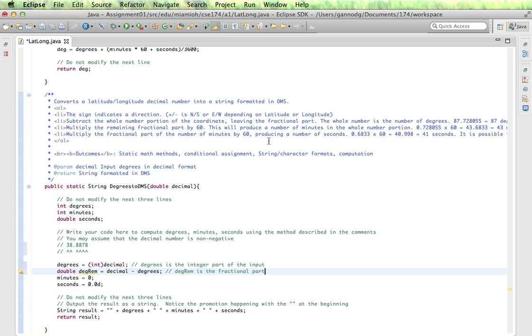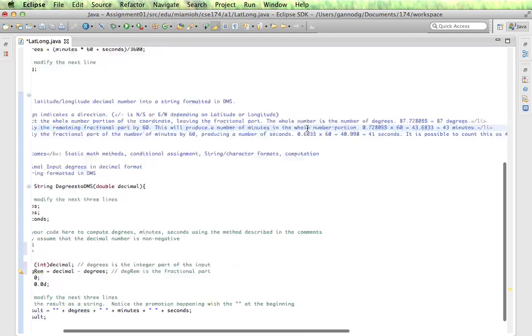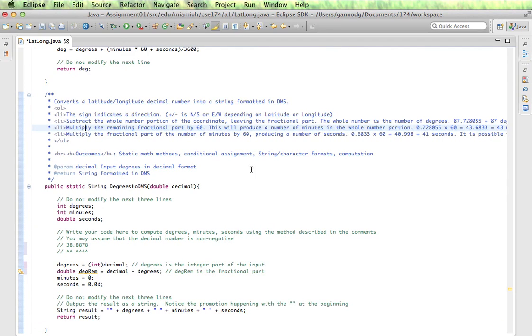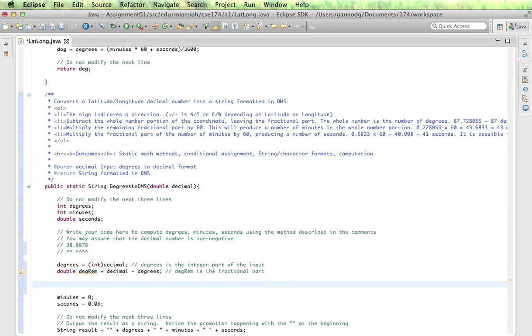Okay, so now what do we do with this fractional part? It says here up in the comment, multiply the remaining fractional part by 60. This will produce the number of minutes in the whole number portion. So let me go ahead and do that. I'm going to multiply the remainder times 60, and I'm going to define another variable.